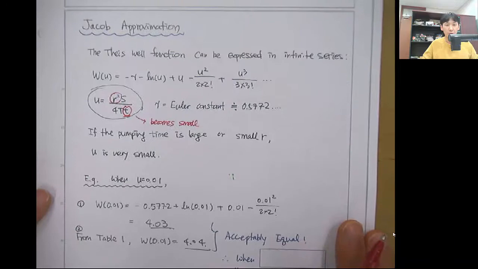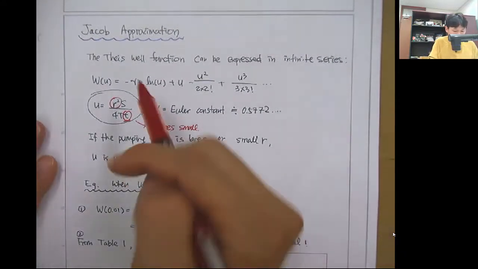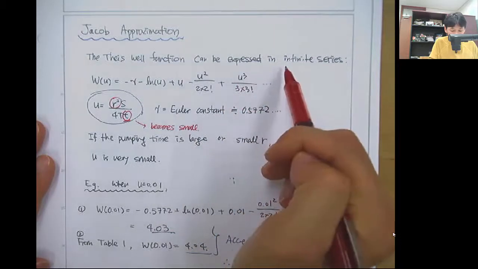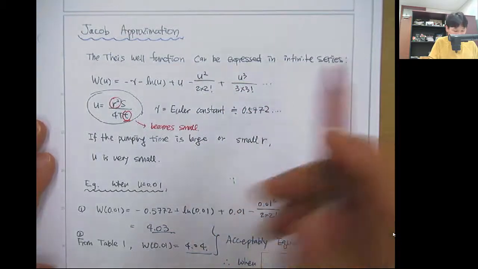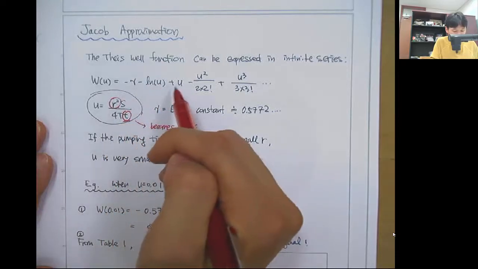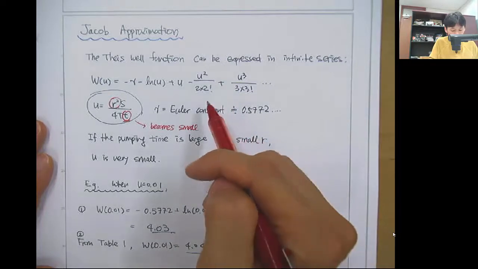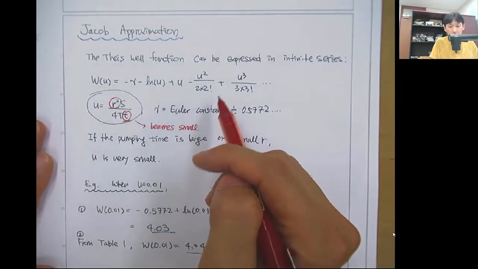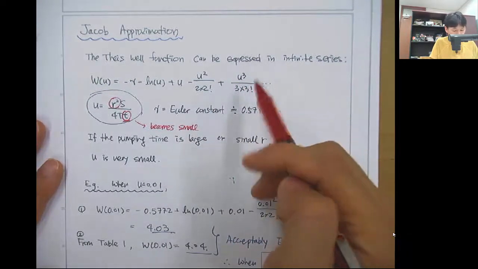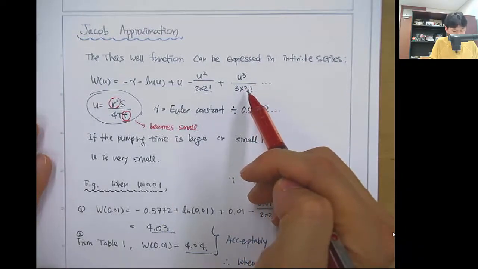And Jacob's approximation. So this well function can also be expressed in terms of an infinite series. So then W of U is minus gamma minus ln U plus U minus U squared over 2 times the factorial of 2 plus U to the 3 over 3 times the factorial of 3, right?